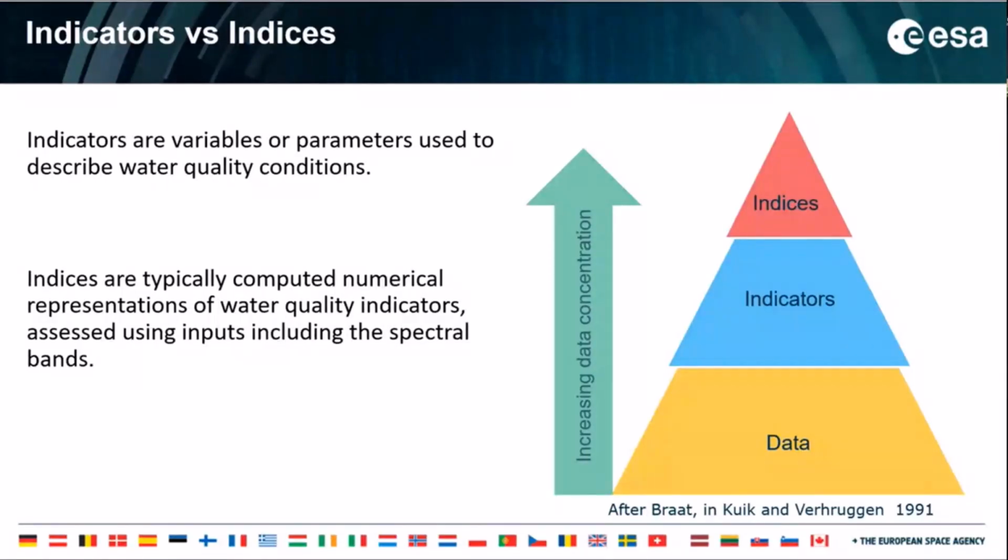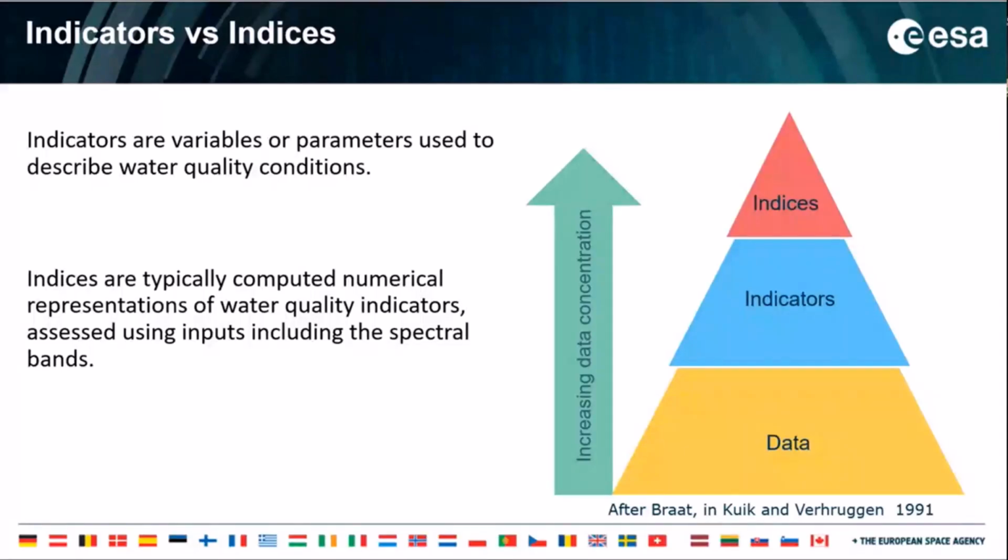For instance, an indicator could be the concentration of suspended sediment, or the concentration of chlorophyll A. But in water quality, deriving suspended sediment or chlorophyll A, if it is not an analytical or an empirical approach, is a more sophisticated term. And here come the indices. Normally, we take a few indicators and we compute an index.